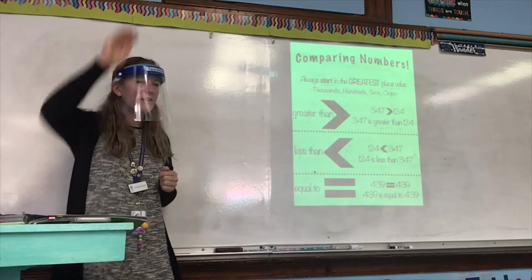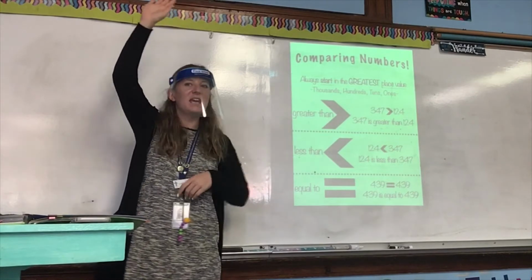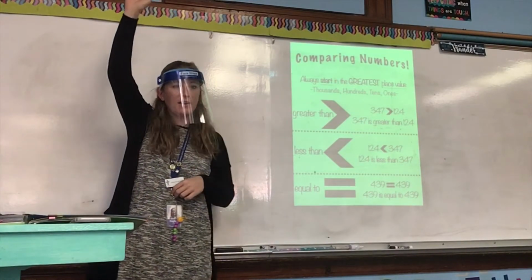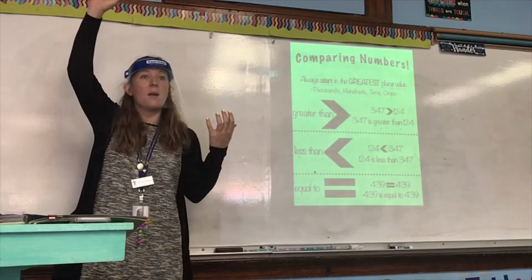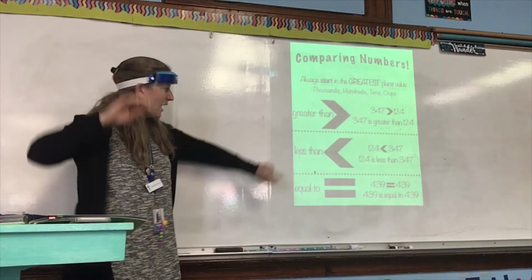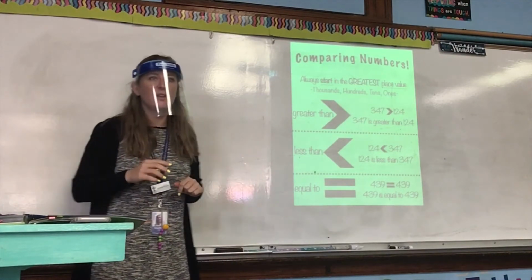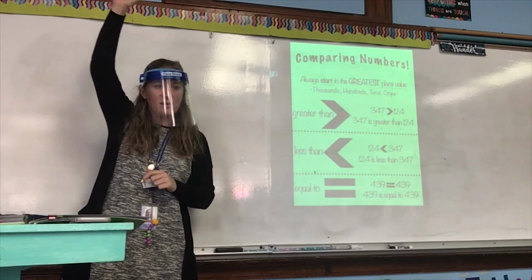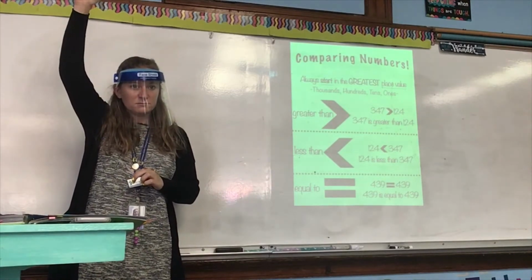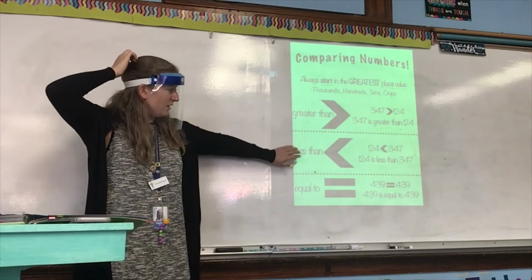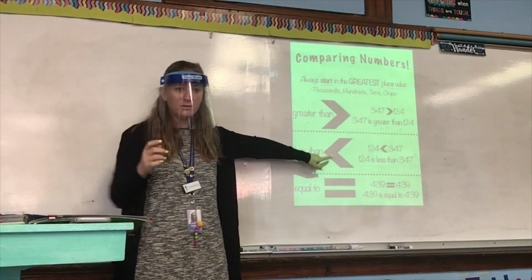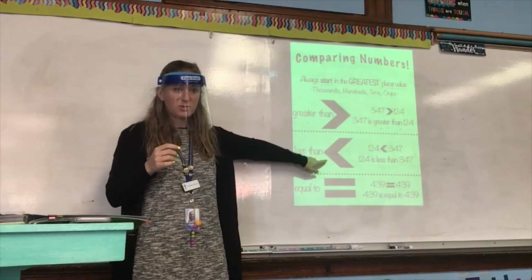Everybody with me? Greater than means the number on the left is what? Aaron? Greater, or bigger. Less than means the number on the left is, Carla? What's another word for less?